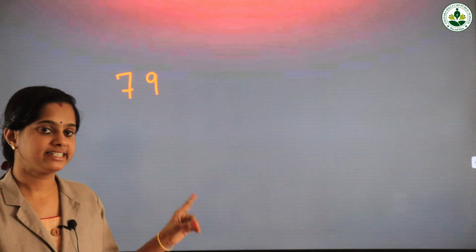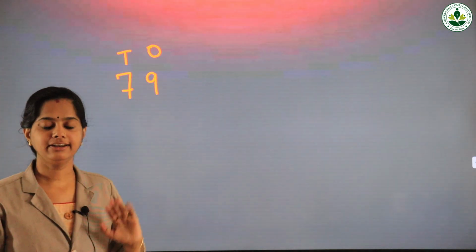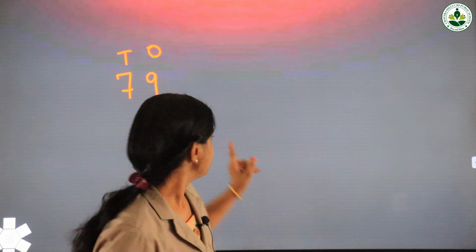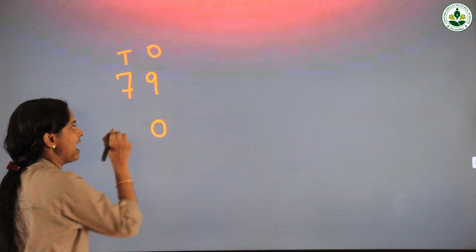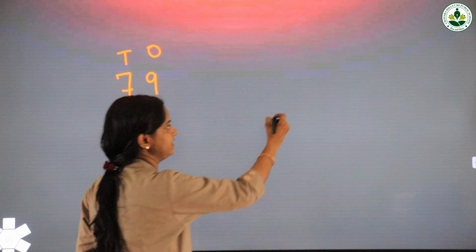Another example. Round off 79 to the nearest 10. For this, first we look at the digit in the ones place. This is the ones place and this is the tens place. Here the digit in the ones place is 9. 9 is greater than 5. So we can round off by writing 0 in the ones place and adding 1 to the digit in the tens place.